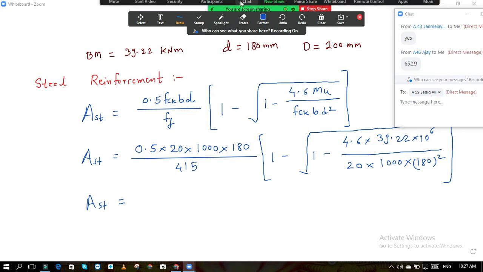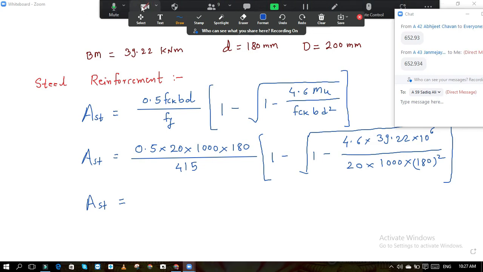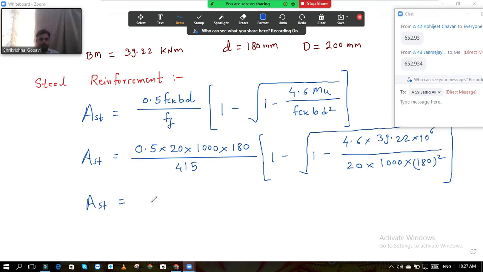Okay, so the answer is 652.9 mm square. So this is the answer now.